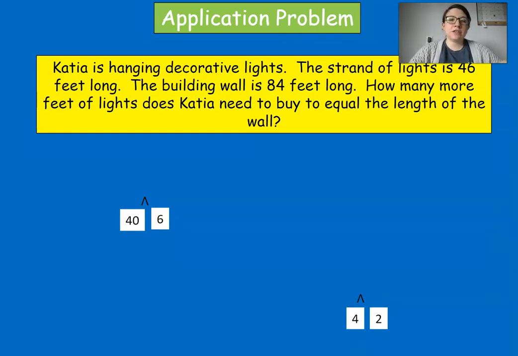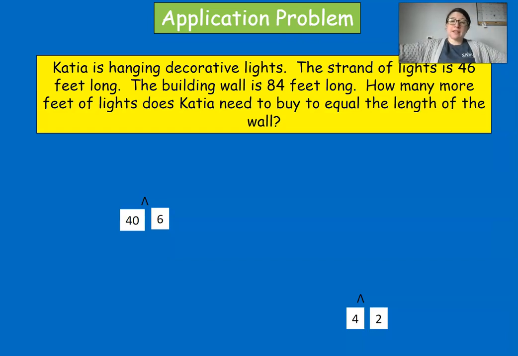It says, Katia is hanging decorative lights. A strand of lights is 46 feet long. The building wall is 84 feet long. How many more feet of lights does Katia need to buy to equal the length of the wall? So, we have a strand of lights.